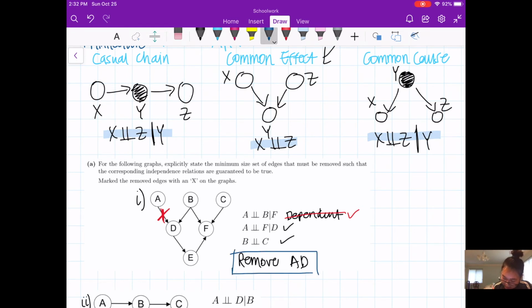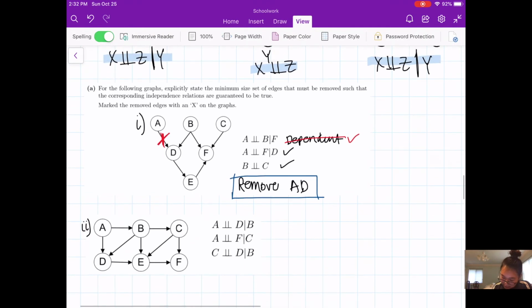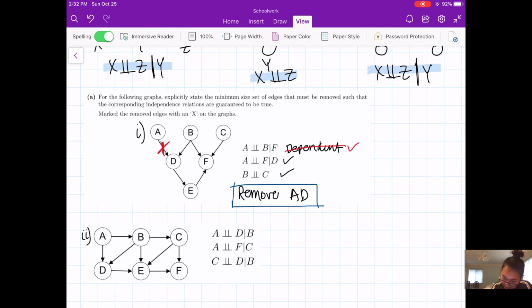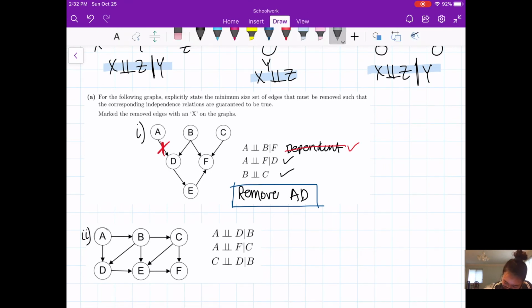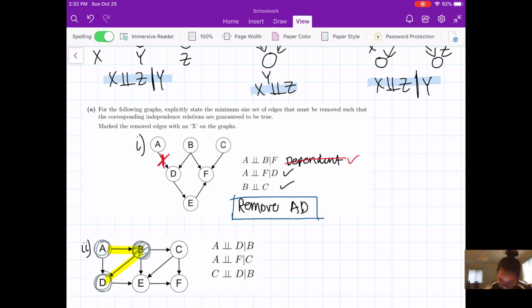Cool. Okay, so now let's do the same thing and look at part 2. So right now, let's first look at A, D, given B. If we look at this scenario, we can see that one path is AB to BD, and that would be a causal chain, and they are independent, so that is fine.